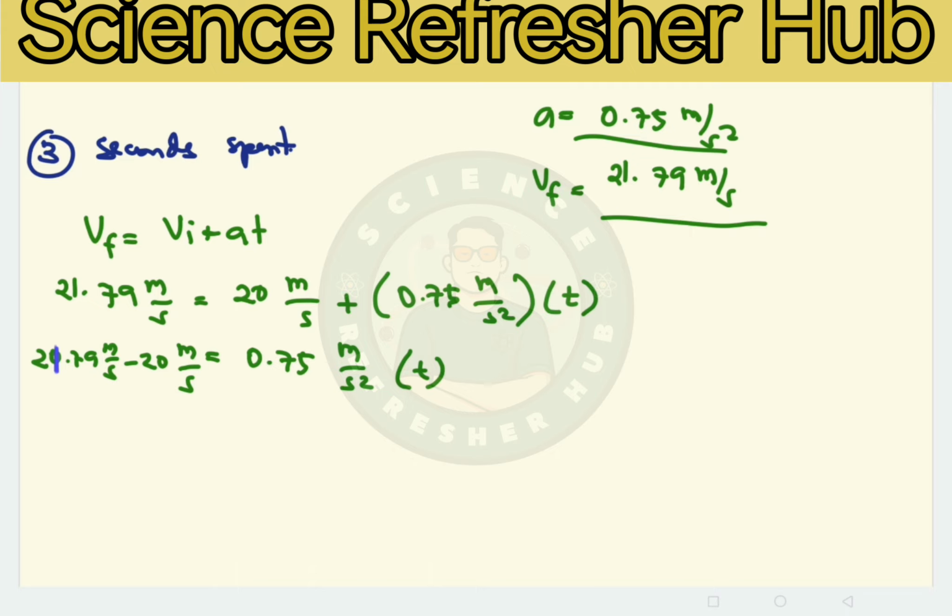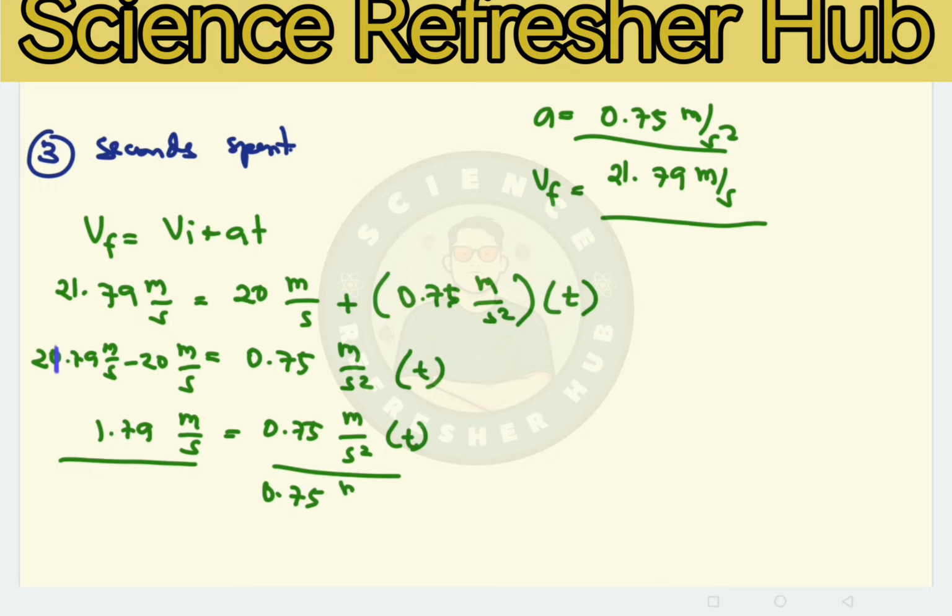Let's continue. 21.79 minus 20, we have 1.79 meters per second positive. Then in order to isolate our time variable, we need to divide both sides by 0.75 meters per second squared, the acceleration. So time will be 2.39 seconds.